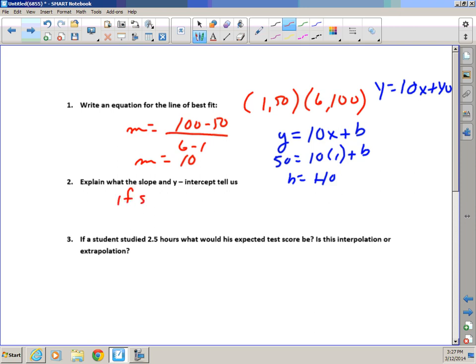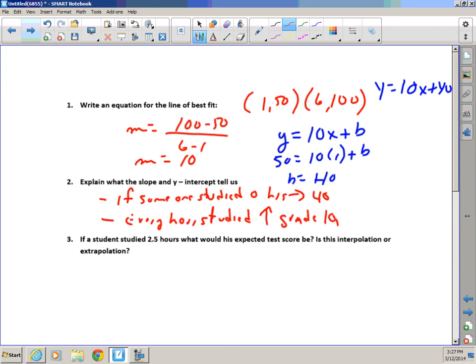If someone studied 0 hours, they'd get a 40, and every hour studied increases your grade 10 points, okay? Because it's 10 over 1. 10 is your change in y, which is your score. 1 is your hour studied.